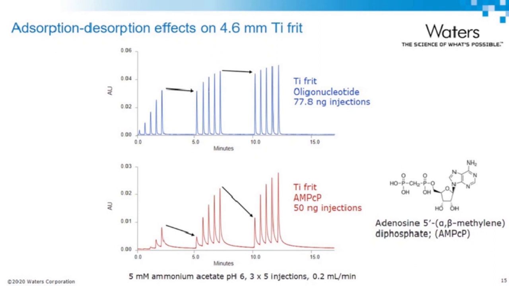While the sample was adsorbed on the frit, it is also relatively quickly desorbed by the running mobile phase. If you look at the blue arrows, you can also see that the first injection in each series is actually decreased in height and area from the previous injection.